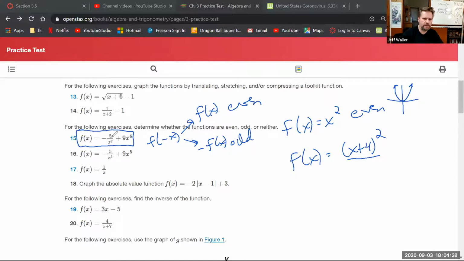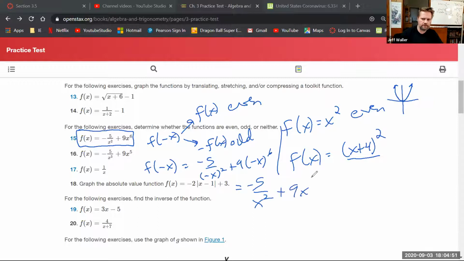It's got to be even because every power in there, it's not shifted, is it? Nothing's been shifted. Nothing's with the x. But if we do the test, let me put a negative x in there and a negative x in there. And the minute you see this test, you realize the even power kills the negative. So of course it just becomes the same thing as it was before. So that's even. The even power kills it.